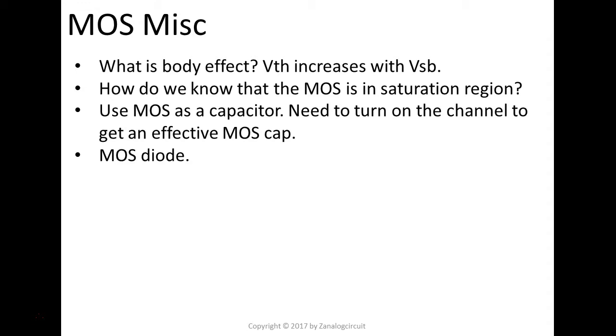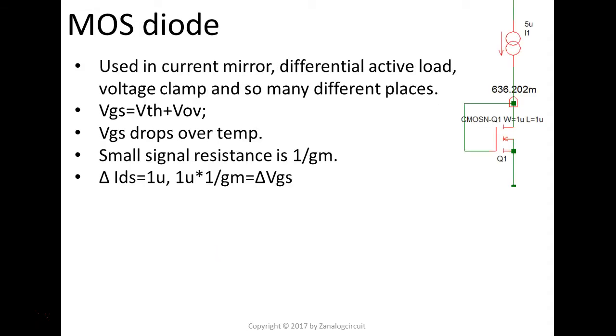The next one is the MOS diode. You're going to see this one in so many different places. You're going to see the MOS diode used in current mirrors, used in differential active load. Sometimes people use a MOS diode as a voltage clamp. There are so many different places. Get familiar with this. You're going to use it sooner or later.